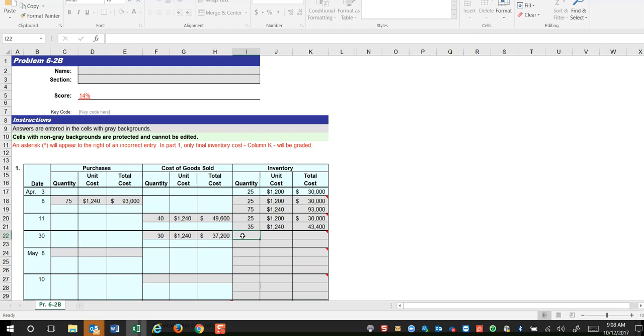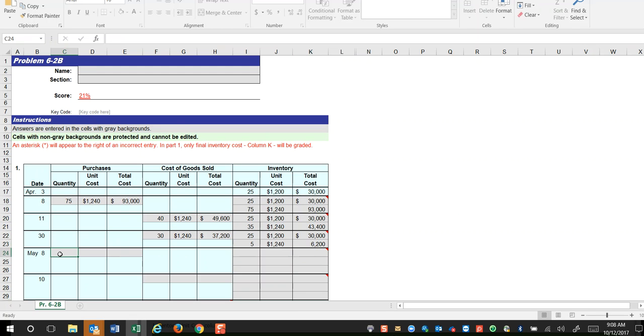Then over here, what they want to know is, what's my inventory? I've still got those 25 at 1,200. I haven't touched those. I had 35, and I got rid of 30, so now I've got 5 left at that 1,240. Hopefully this is starting to make sense to you.